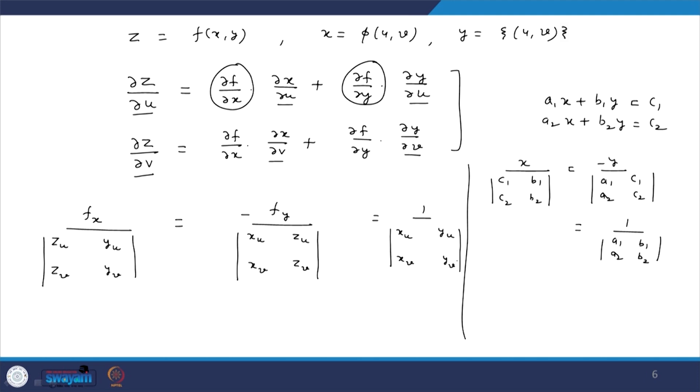So, simply you can use the first term and the last term to find out f x, and the second term and the last term to find out f y. So, using this we can easily find out f x and f y. This denominator, 1 upon this denominator, is called the Jacobian, the Jacobian of x and y with respect to u and v. The same concept we have used here to find out f x and f y.